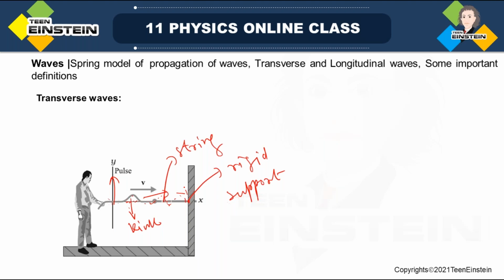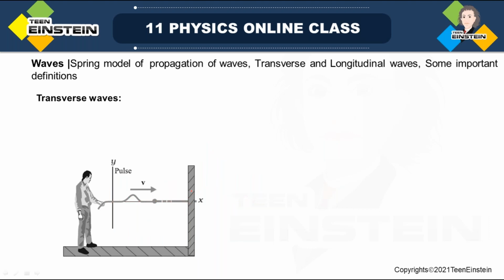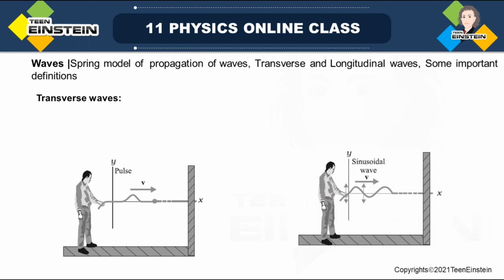Okay. So this is a kink, and this kink will move further toward the right, and that's why we can say that this is an example of a transverse wave. The wave produced in the string is actually a transverse wave. You can look, the wave is propagating from left to right, but material particles are moving up and down.